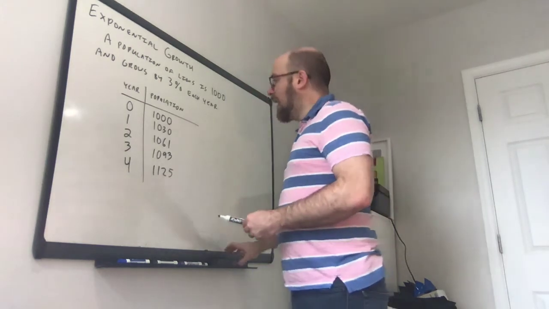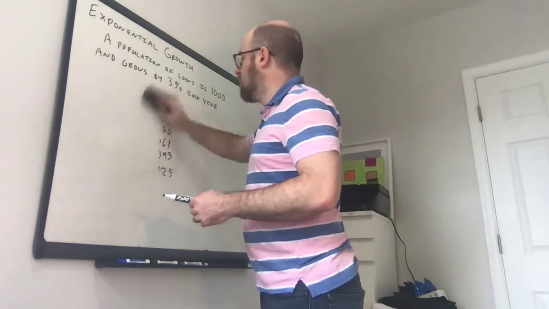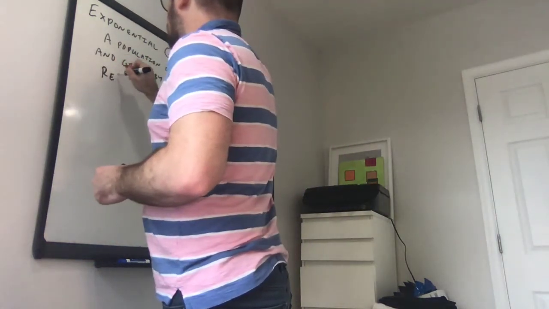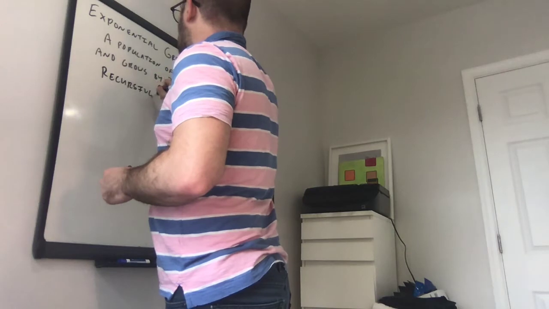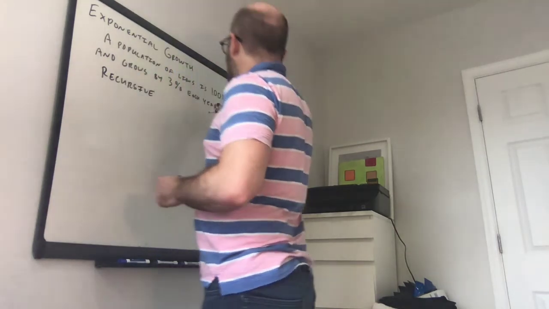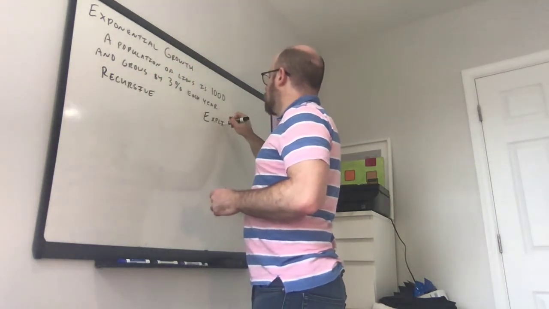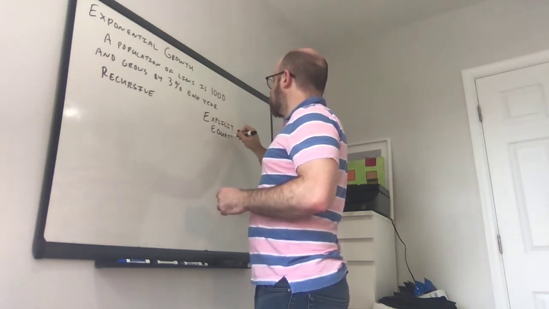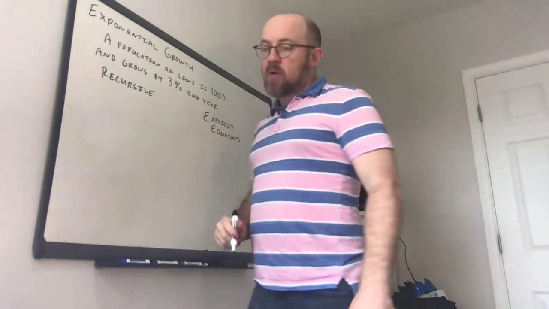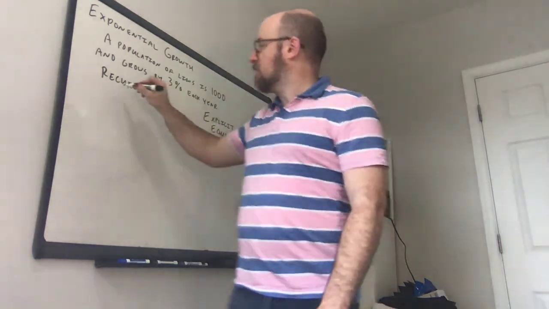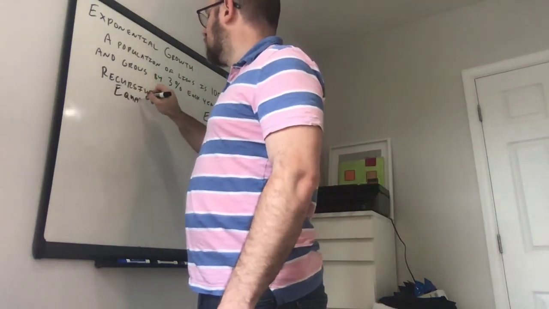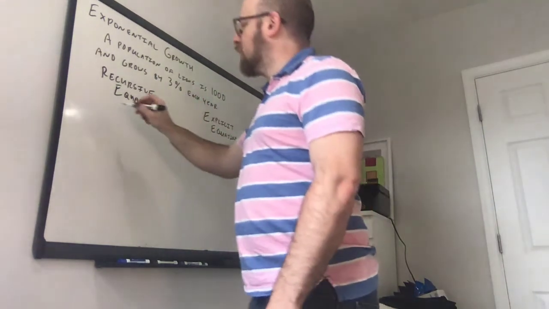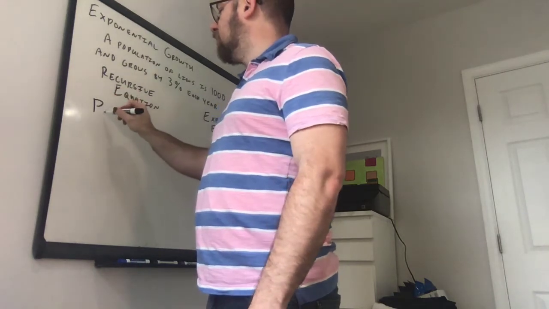So how does this look in terms of our recursive and explicit equations? Because that's what we really need to solve problems. If we want to set up our recursive equation, it's going to be very similar to what we had before. Let's call our variable P here.